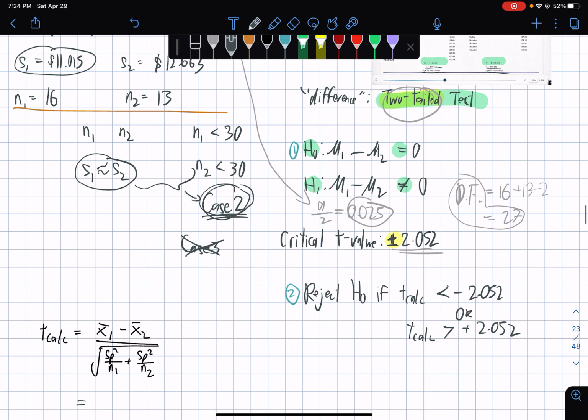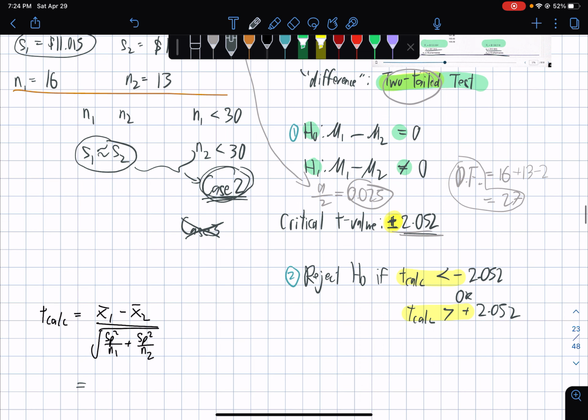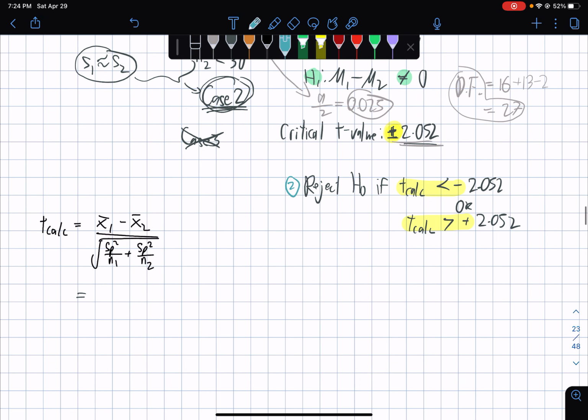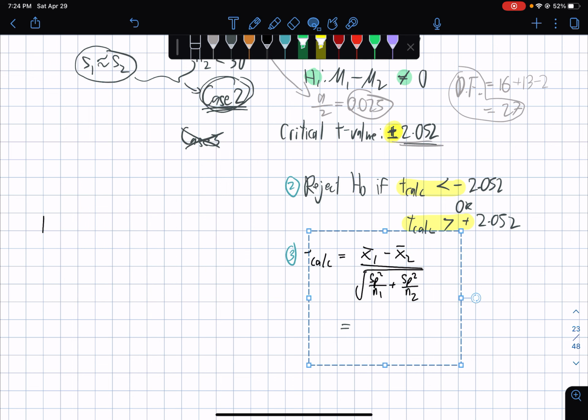So in a two-tailed test, always know that these are standard. Given that your critical t-value has a plus minus symbol, you write the statement in step 2 like this.